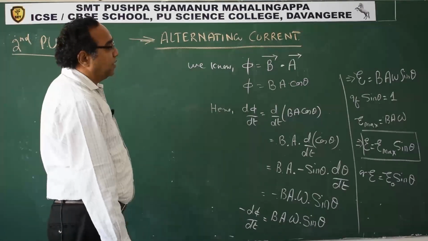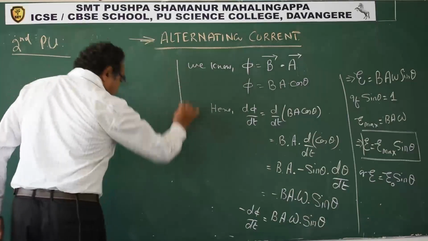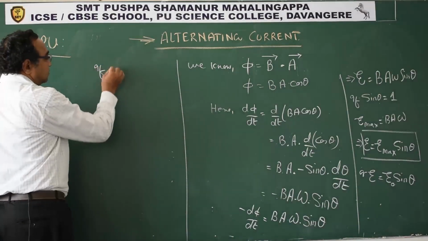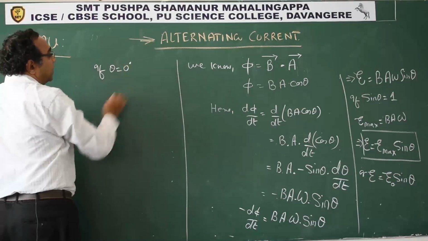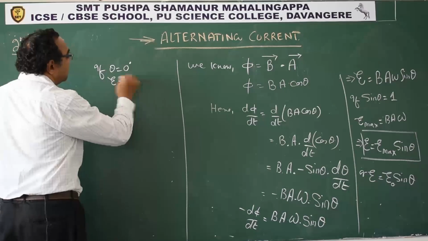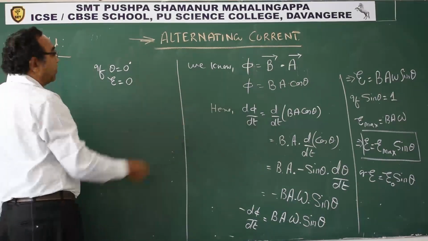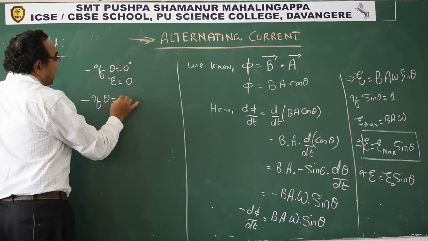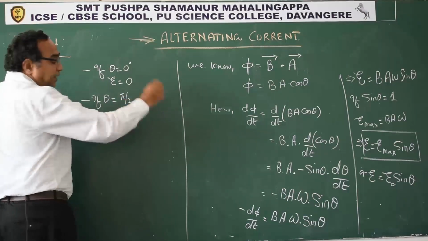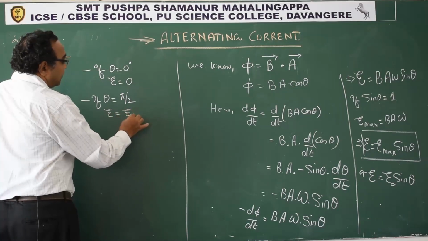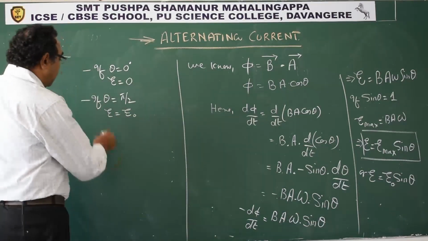Now very important thing. If theta is 0 degree, how much is E? E will be 0. Sin 0 is 0. If theta is 90 degrees, how much is E? E is E naught.